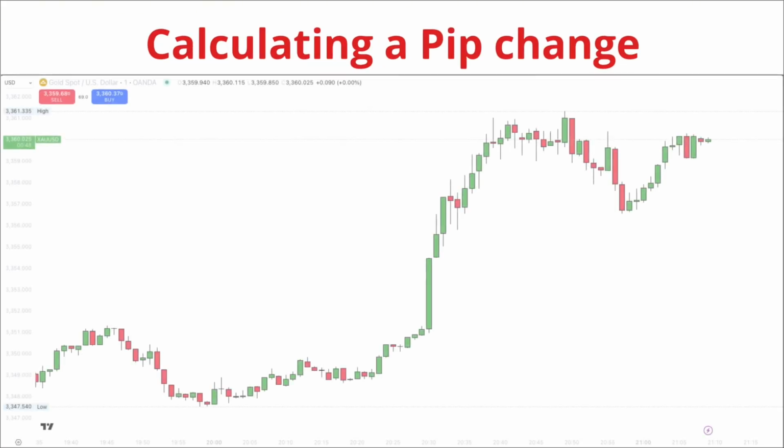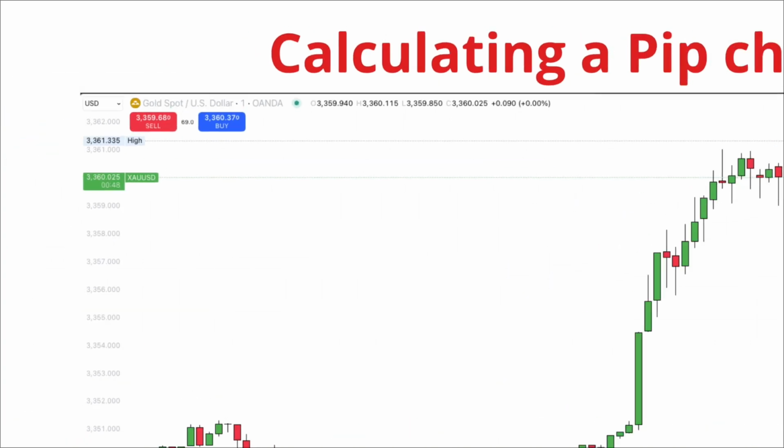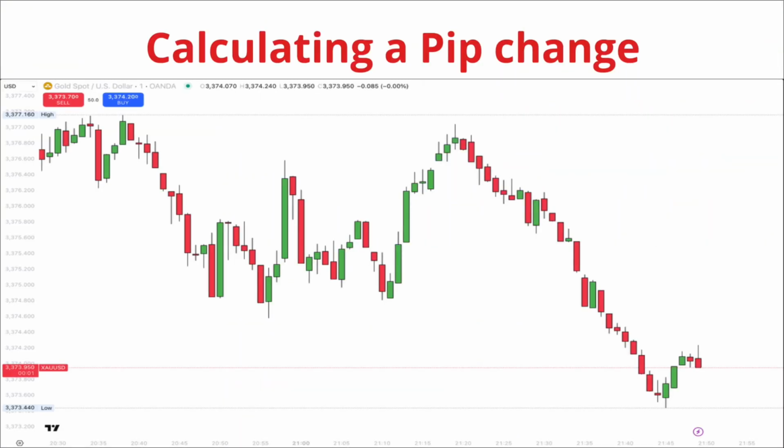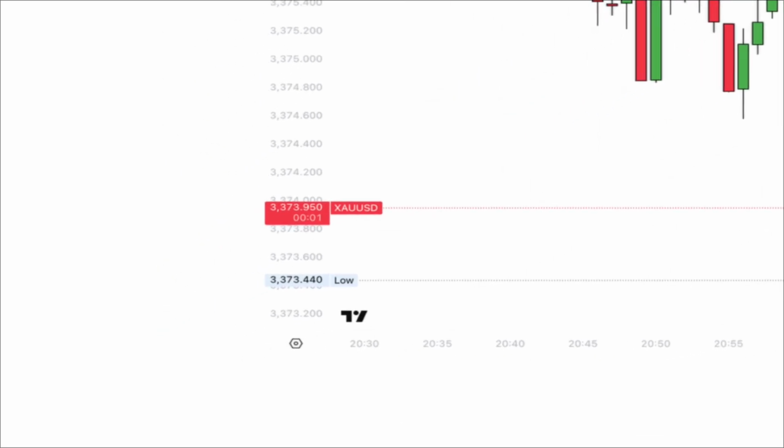Let's look at a quick example of how you might use this new information. This chart shows the gold spot price. Let's pretend we bought at the price of $3,360.025 US dollars per troy ounce. The price then increases to $3,373.950 US dollars, and we close the position.